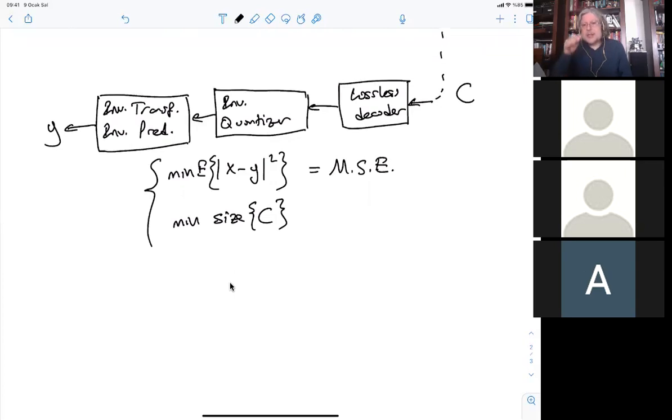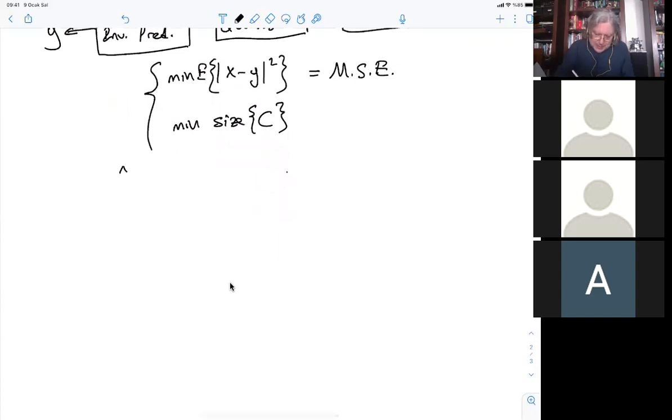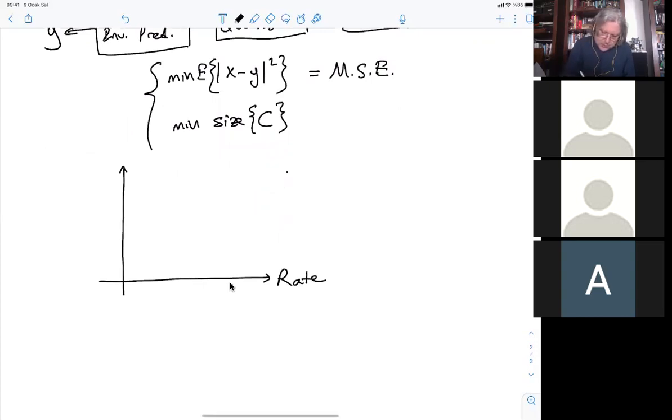The inverse doesn't have to be directly one over the other one, but it is proportional to one over the other one. And it is known as the famous rate distortion curve.